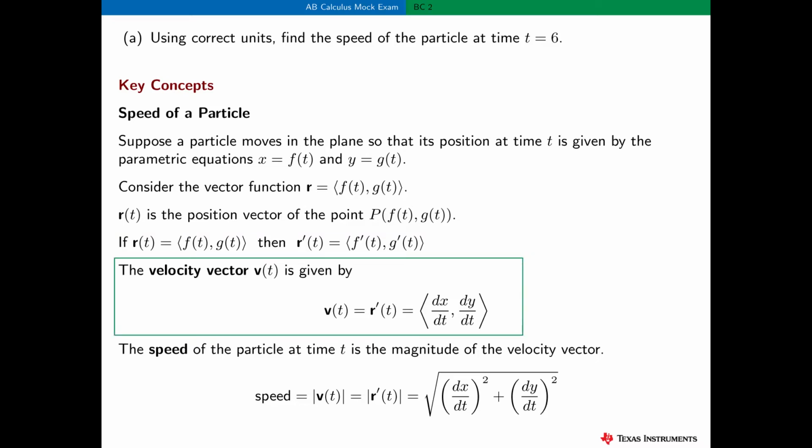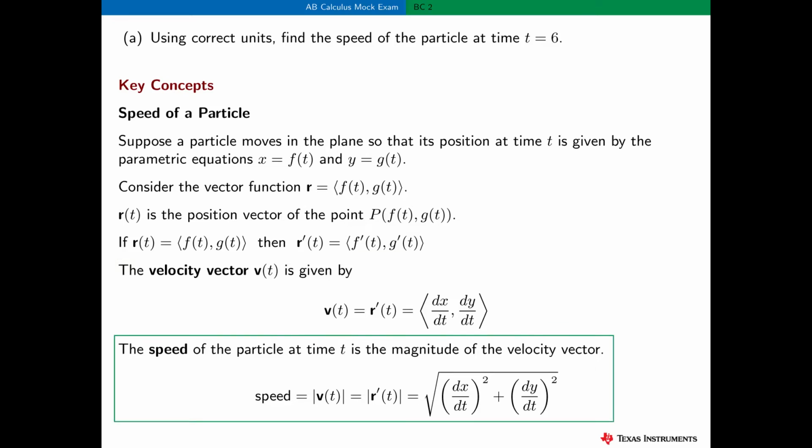If a particle moves along a curve so that its position vector at time t is r of t, then the velocity vector v of t is given by this expression. And finally, the speed of the particle at time t is the magnitude of the velocity vector. Therefore, the speed of the particle is given by this expression.